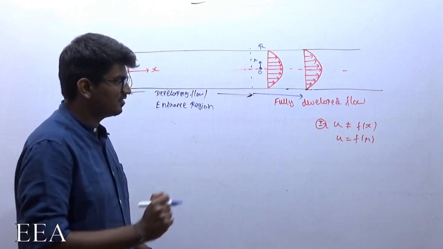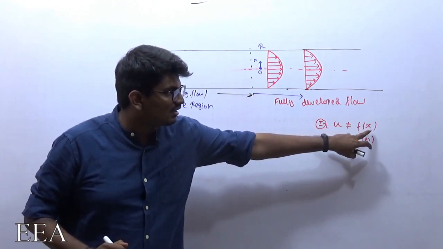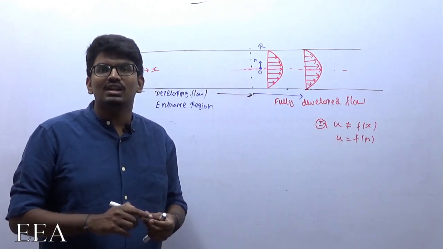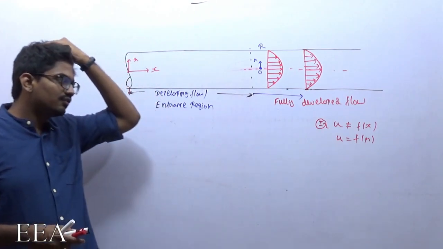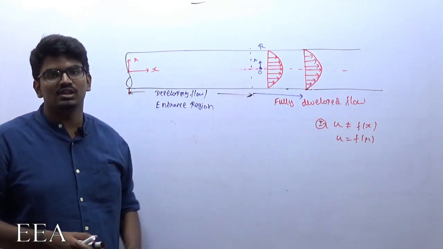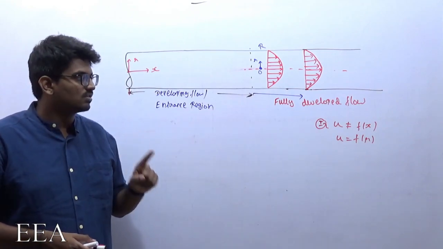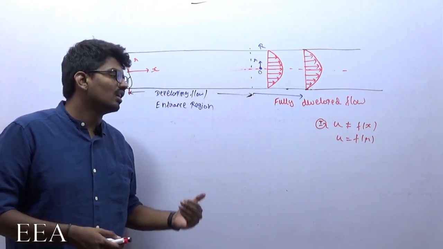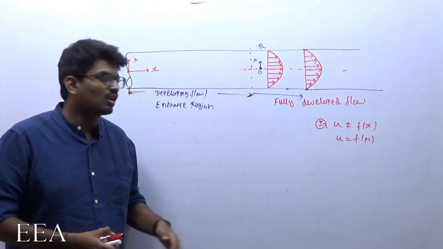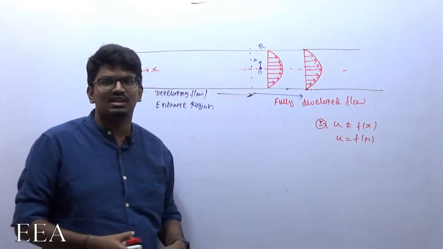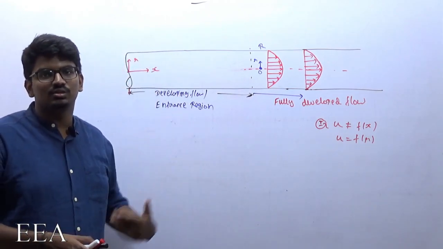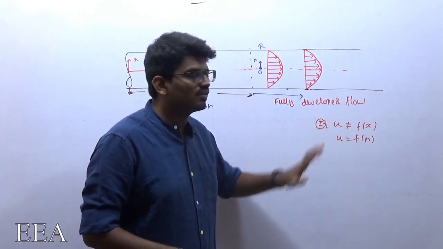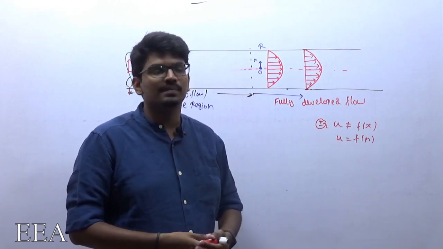The velocity profile should not vary in the longitudinal direction. It varies only radially. So that is the first condition for fully developed flow: the velocity profile should not vary in the longitudinal direction, it should vary only with respect to radius. How it varies, we will see; we have a separate study of that. But you need to understand that it varies only radially, not longitudinally.